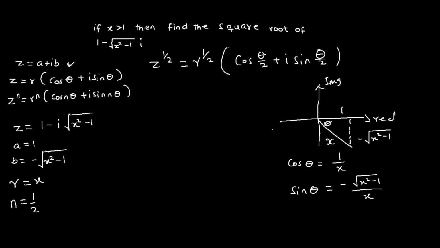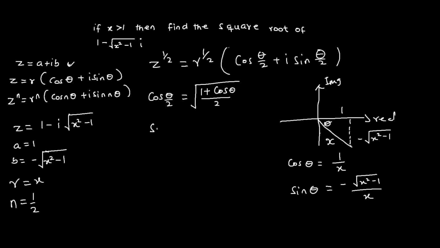So from here, I'm going to write down some trig identities. Let's look at that. From trigonometry, cosine of theta on 2 will be equal to the square root of 1 plus cosine theta, divided by 2.